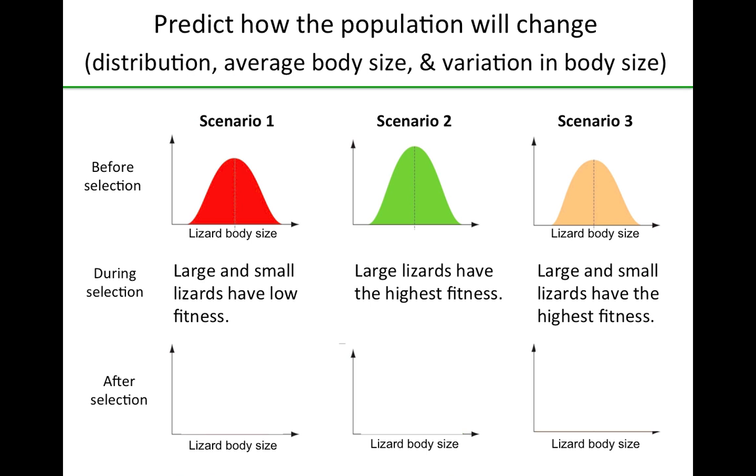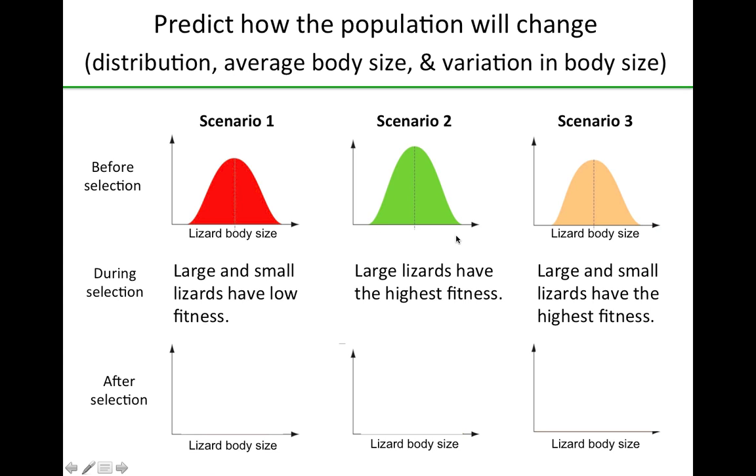Okay, so I want to give you a chance to do another quick exercise. In the Mastering Biology homework, you got a chance to answer questions based on the different types of natural selection that we see in populations, including directional, disruptive, and stabilizing selection. So what I've given you here are really brief descriptions of different scenarios that we might see in a lizard population, and this middle graph under scenario 2 should say lizard body size as well.